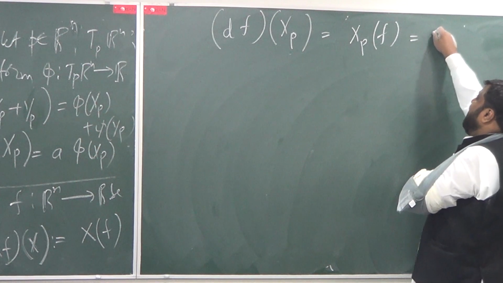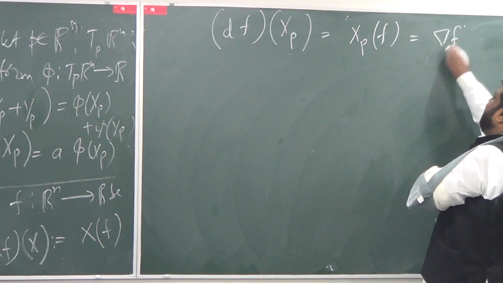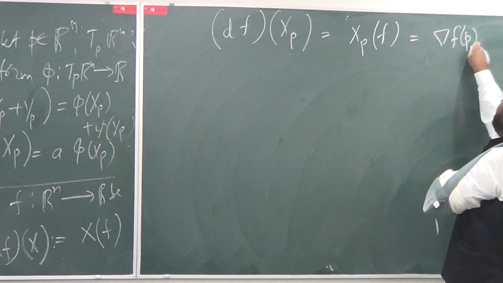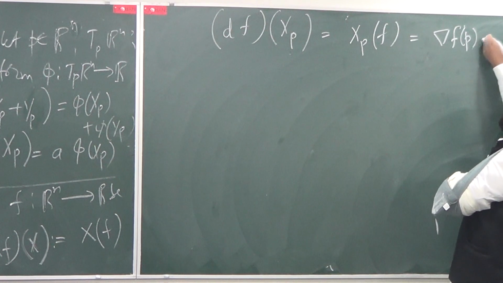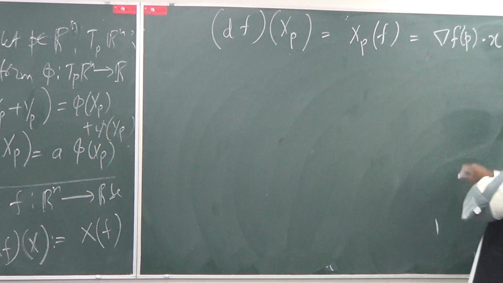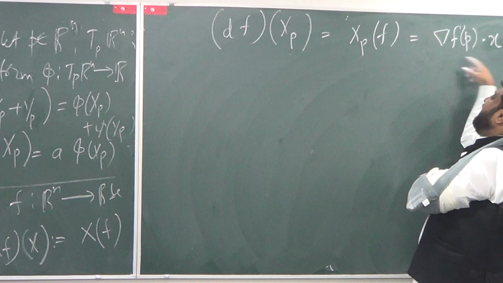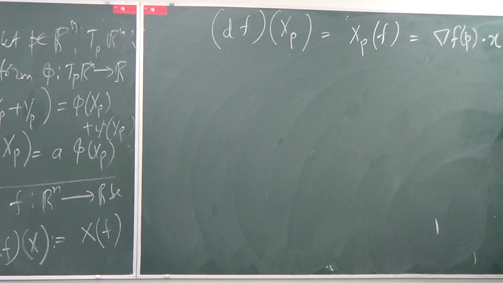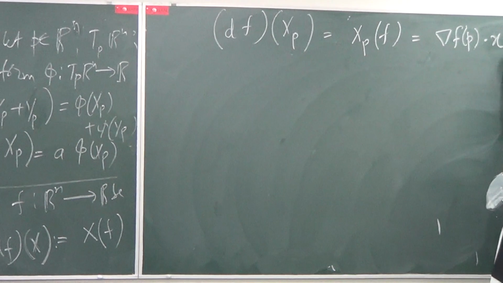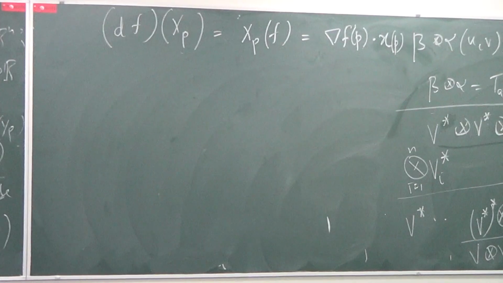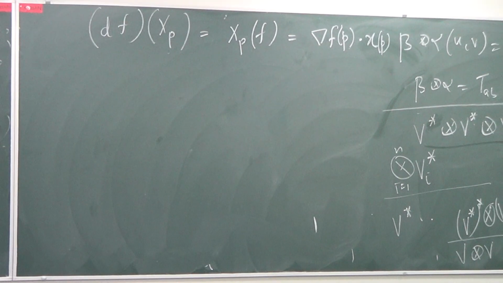So compute the gradient of f, evaluate at p, and take the dot product with x. And this small x is a Euclidean vector attached to the point P. Are you getting the point?